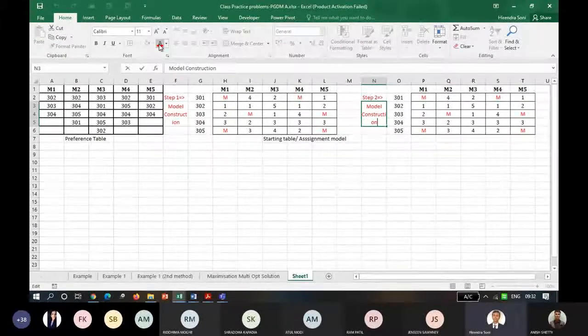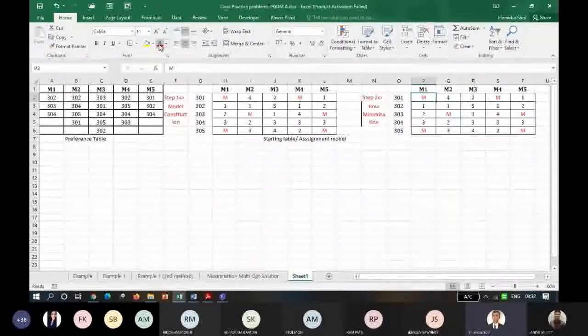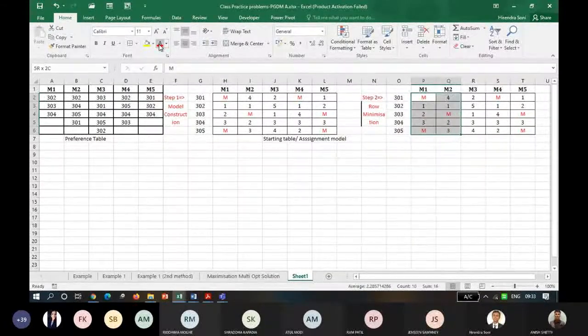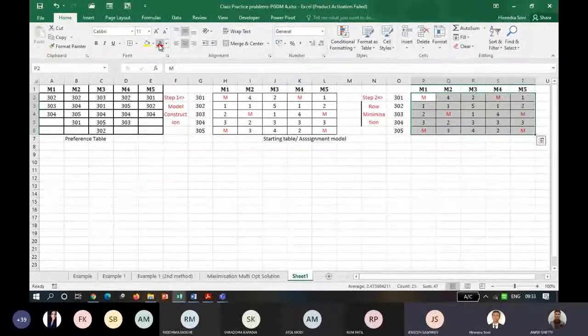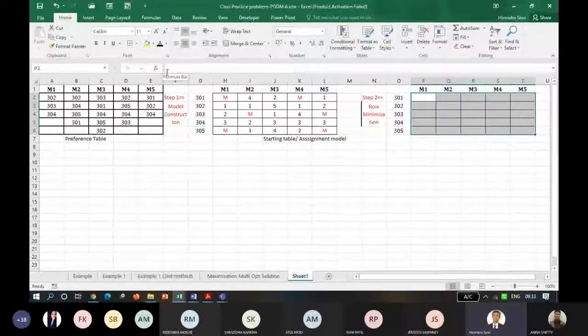Step 2 would be row minimization करना है, column minimization करना है. What would you prefer? Row. Sir, row, sir. कुछ ऐसा स्पेसिफिक प्रेफरेंस है क्या कि रो करना ही है? No, sir. अच्छा, no specific, but as for our comfort. चलो कोई बात नहीं. मैं आपको बताऊं, आप लोगों को रो मिनिमाइजेशन ही क्यों पहले दिमाग में आया?